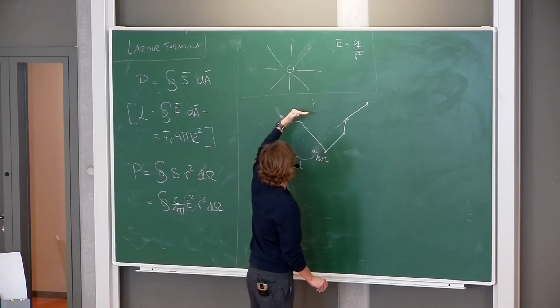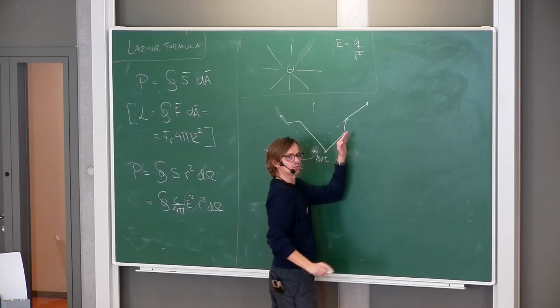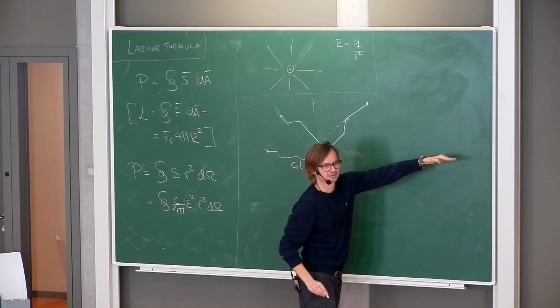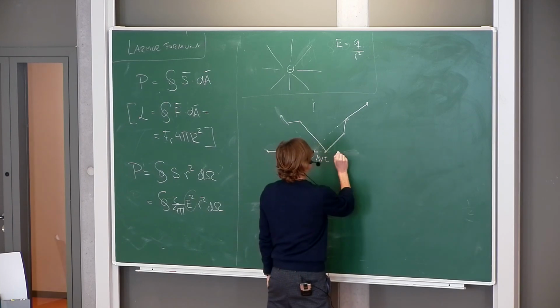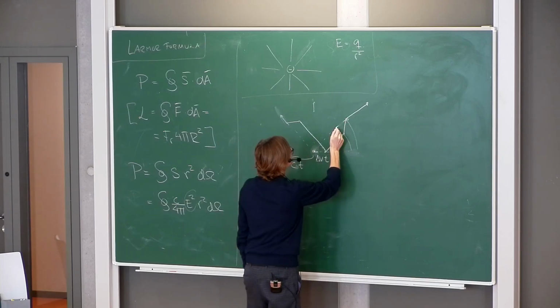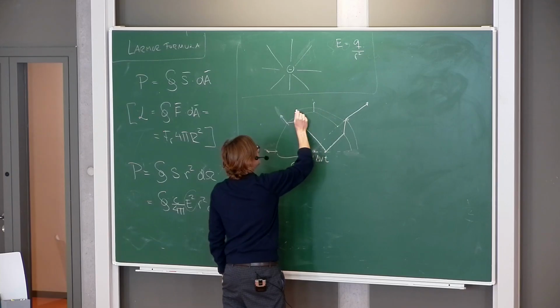Here you will get the maximum, but in this direction, of course, you won't get any distortion of the field line because they're going in the same direction. All right?